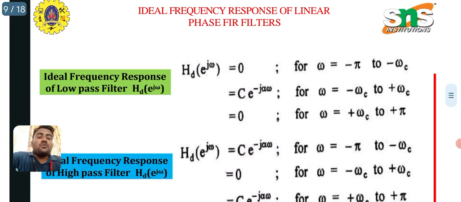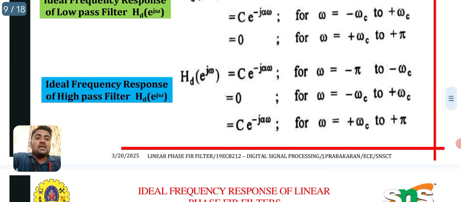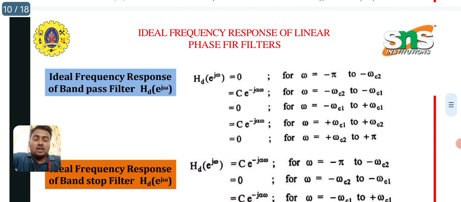This holds for omega equal to minus omega c to plus omega c, whereas for a high pass filter, the magnitude value is 1 for omega from minus pi to minus omega c and from plus omega c to plus pi, and 0 for minus omega c to plus omega c. This is the idea.